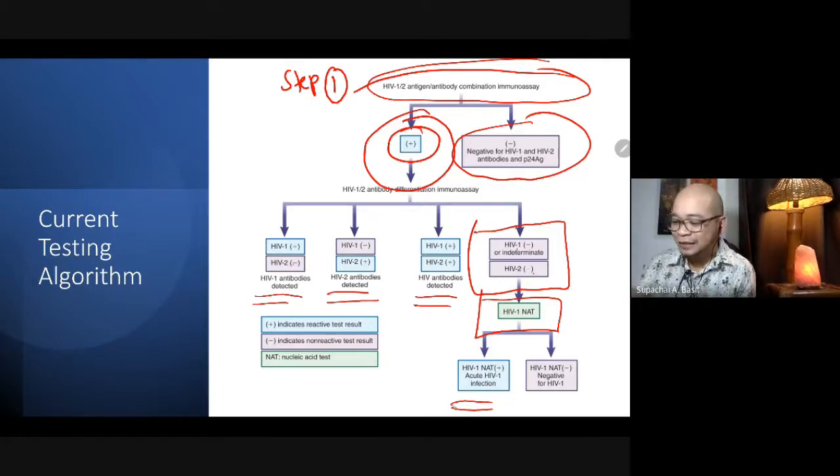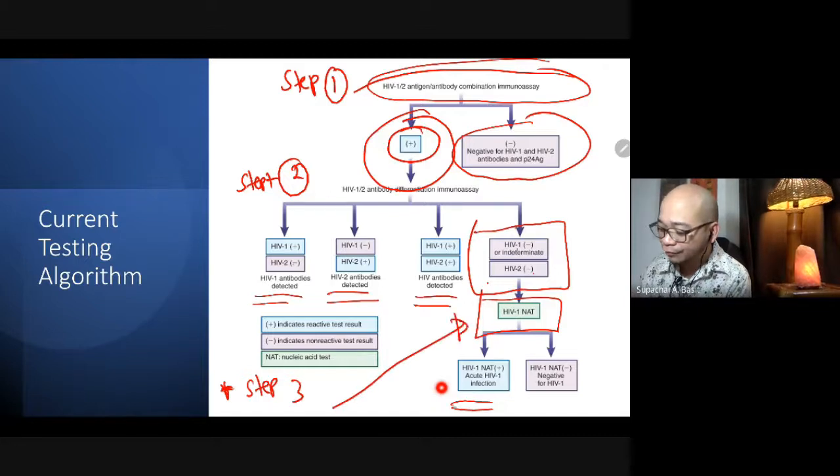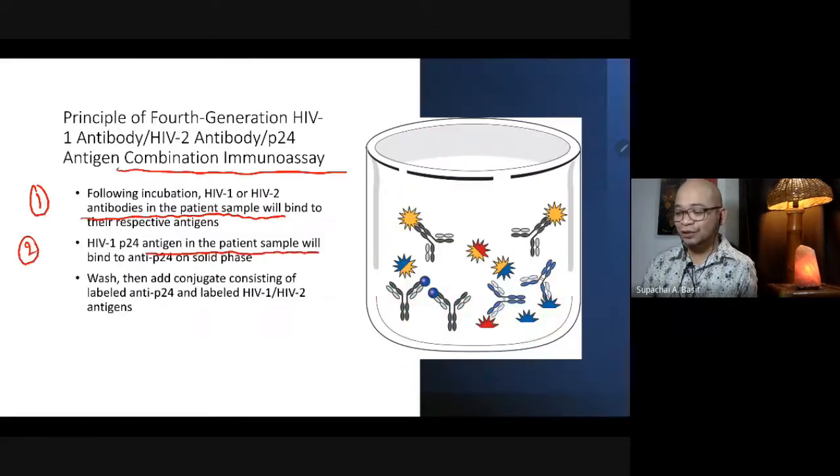Then step number 2 is that we should do the differentiation immunoassay, because you want to differentiate whether it is due to HIV-1 or HIV-2. And then step number 3 is only optional for indeterminate results, in order to have this particular interpretation. Okay, so this is now the current testing algorithm. So during the board exam, never answer Western blot. It is no longer a confirmatory test for HIV.